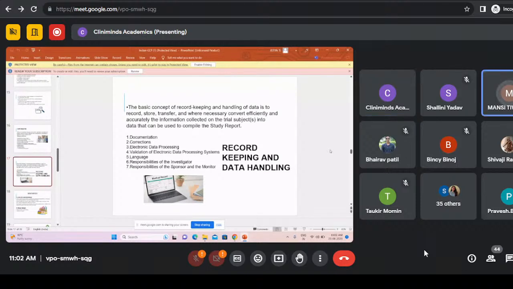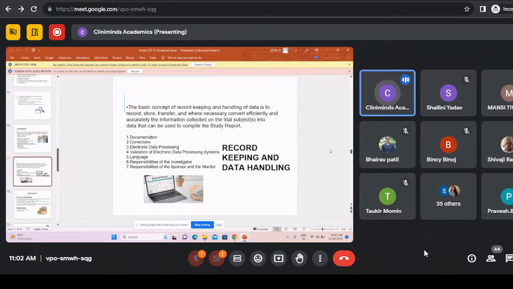There will be a login ID for every individual. Absolutely. When you are using an electronic system, there will be a login ID, just like when you use email, we have a user ID and password, right? Similarly, in the eCRF there will be a unique user ID and password, so the system can identify the person who logged in.